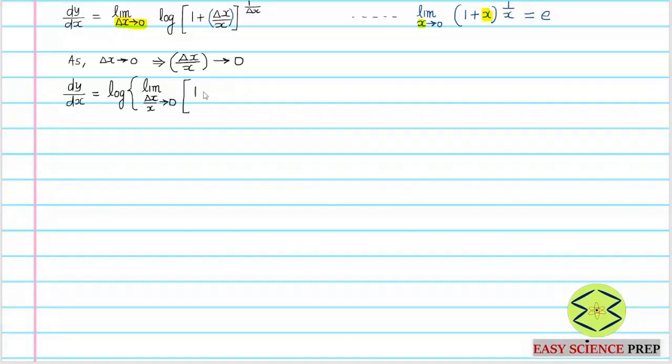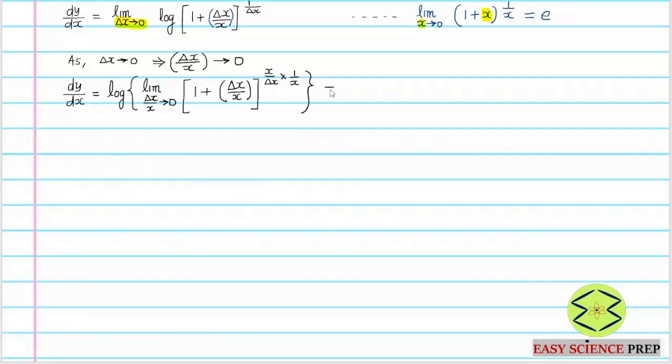have 1 plus delta x by x, and now I'm going to do a small modification here. I'm going to divide and multiply by x here. So it is going to be x by delta x, just to create this particular form, and then into 1 over x. In the index I am doing division and multiplication by x. If you look at it now, it is quite simplified.